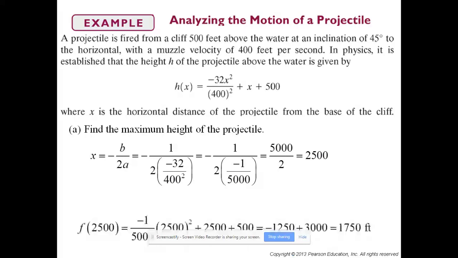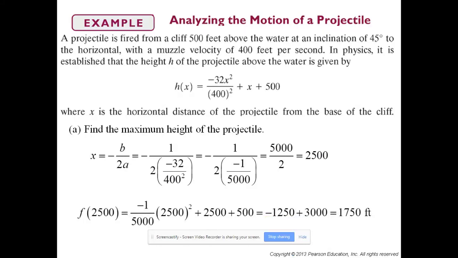Okay. So here is plugging it back in, with 2,500 plugged in for x, and work that out. Obviously, you can use a calculator to do that. I don't expect you to do this by hand. Just showing all those steps. 1,750 feet. So our maximum height is 1,750 feet above the ground.